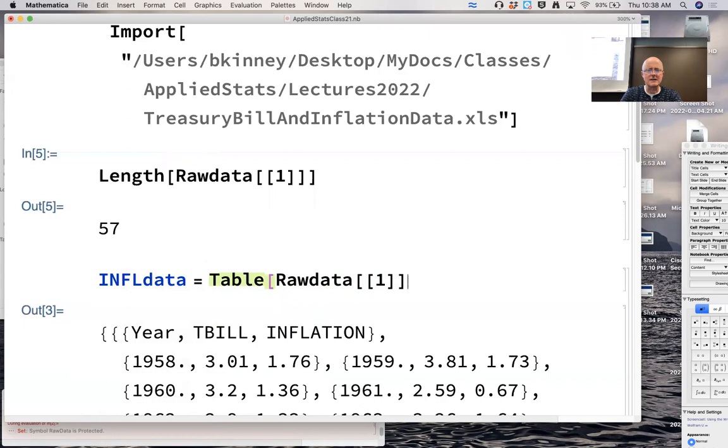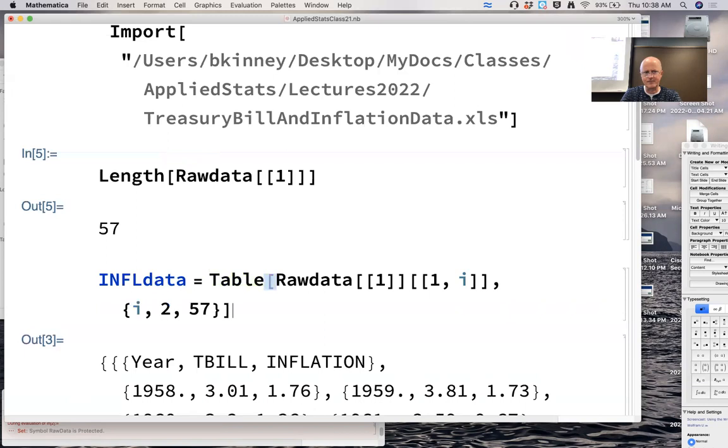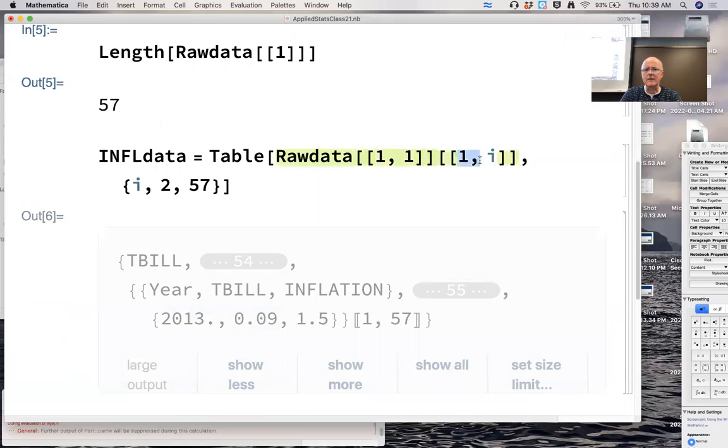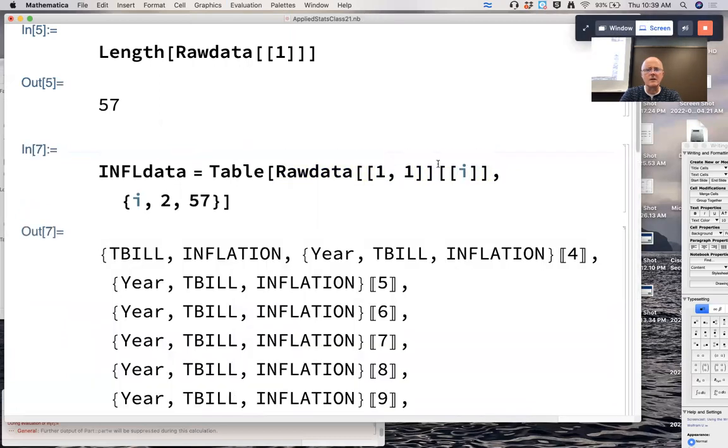Let's see. Trying to go a bit from memory here. A little weird. And I'm trying to get rid of the labels too. So I'm actually going to go from 2 to 57. Okay, that didn't work the way I was expecting. Let's see. Maybe it's a 1 in there and an I there. No. Okay.